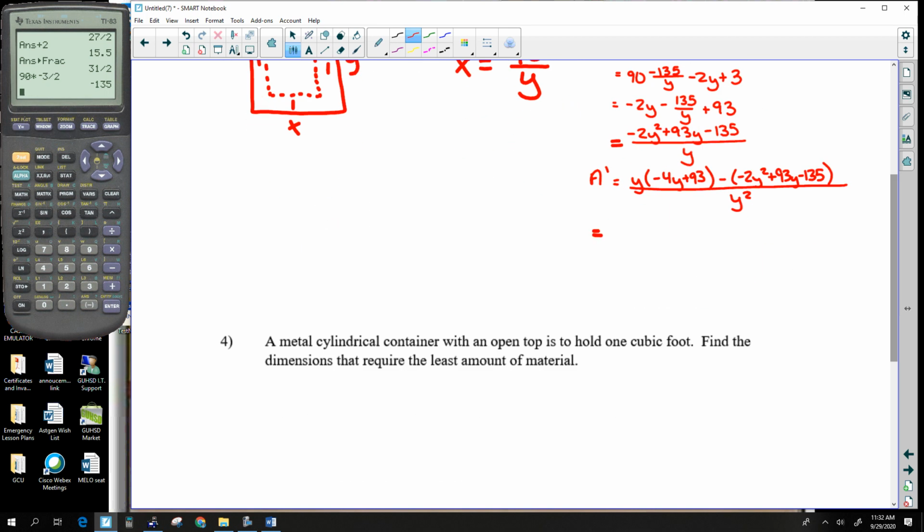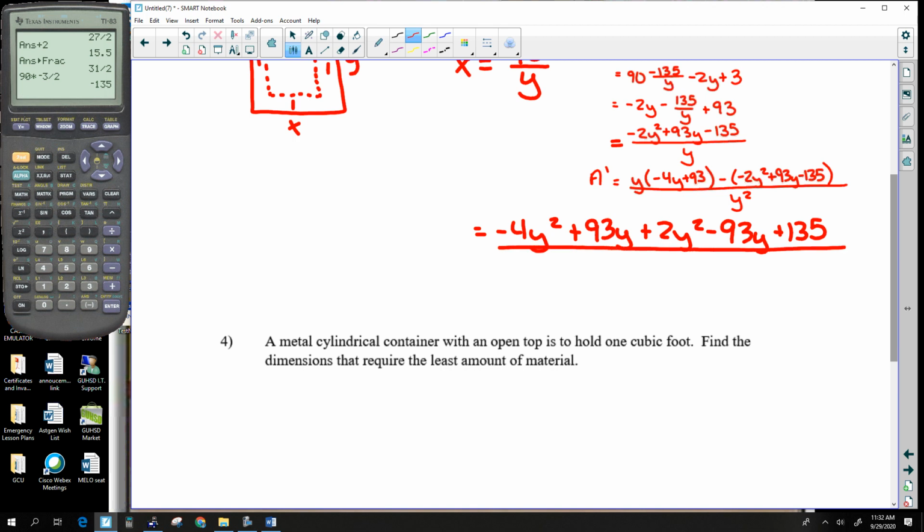So this is what? Again, let me get a little bit more room, and then I'll shrink it down. Negative 4y squared plus 93y plus 2y squared minus 93y plus 135, all over y squared.